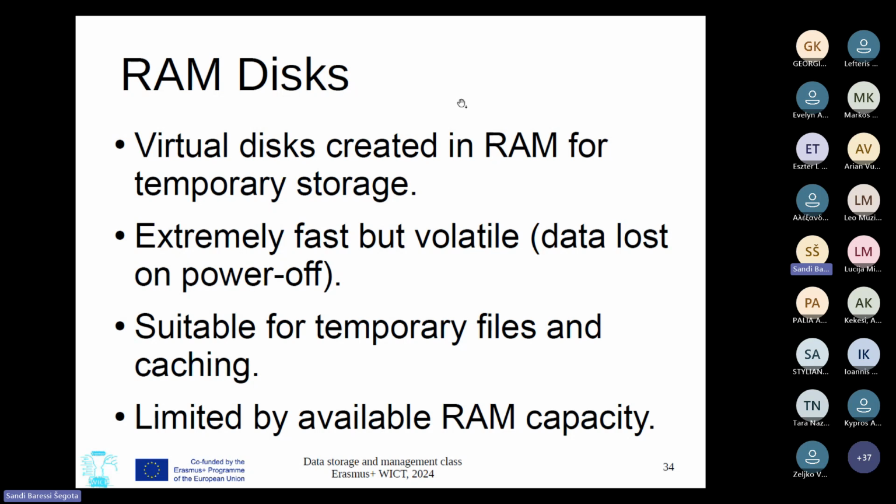So let's talk about something that I mentioned a couple of times already now, and that's RAM. RAM stands for Random Access Memory, and it's one of the main memories that your computer uses while it's operating.